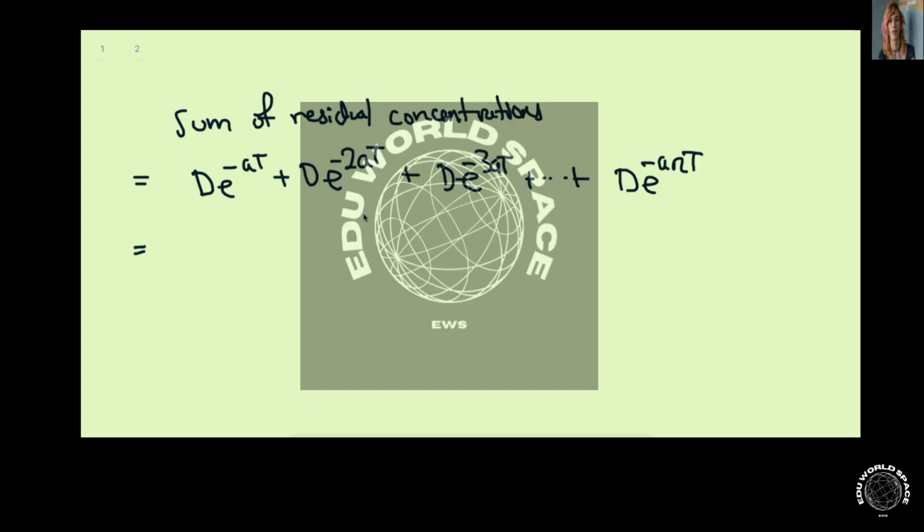We could see that the first term, A1, is De^(-aT). We also see that r is just e^(-aT), the common ratio there.